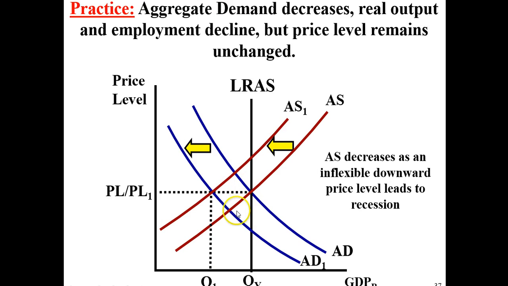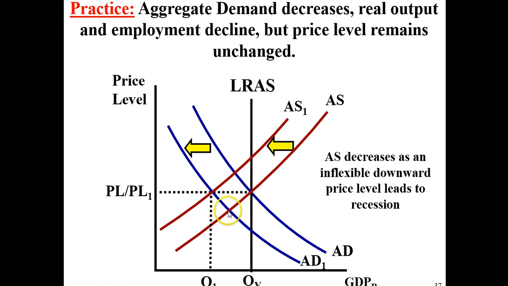And so that's going to be a little bit tricky, because if you just have that aggregate demand shifting, then you have the price level going down too. But if I tell you that the price level is going to stay the same, then the only thing that could explain that is that aggregate supply is also decreasing, and you have a recession that's beginning because there's inflexible downward price levels.